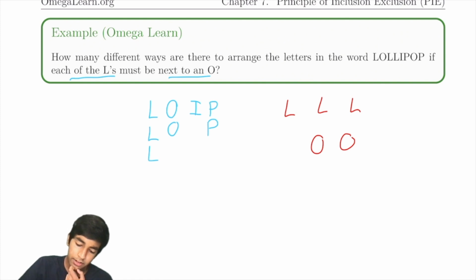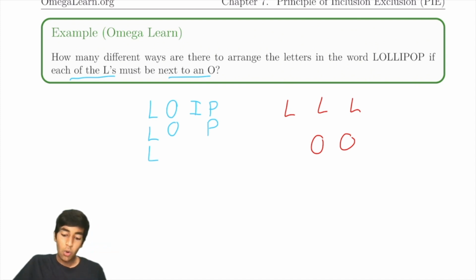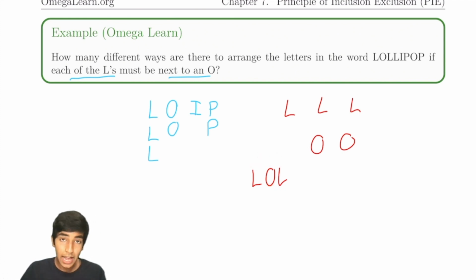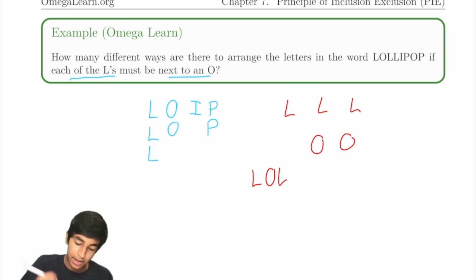We've got fewer O's than L's, but somehow each of the L's is next to an O. Oh, that means that one O must be next to multiple L's, right? Because if we have something like LOL, where one O is next to multiple L's, then that has one O, but 2 L's are satisfied.